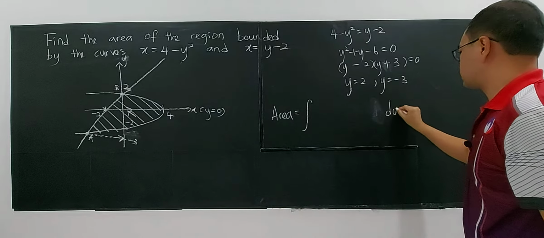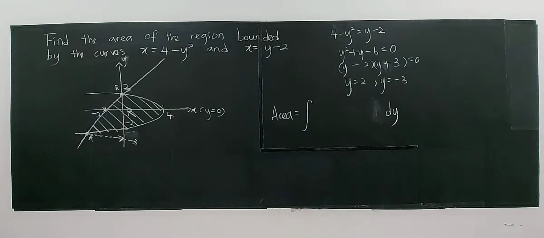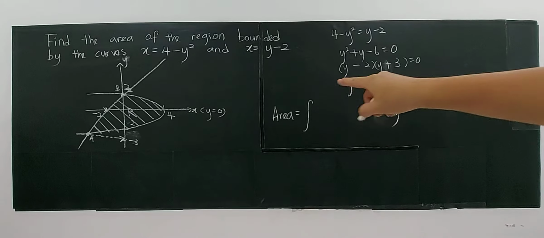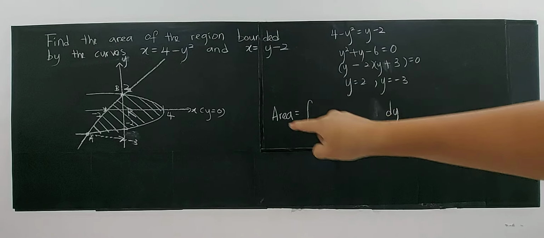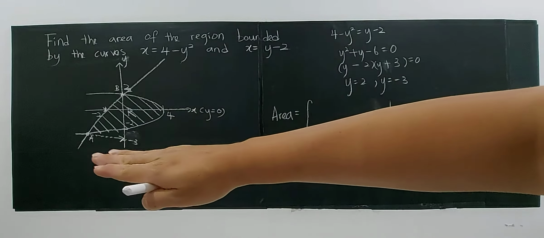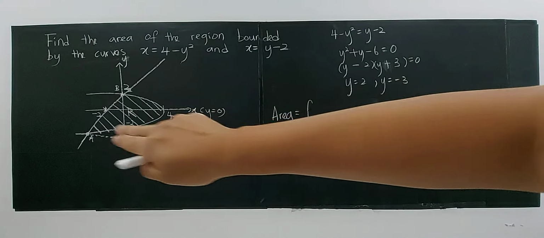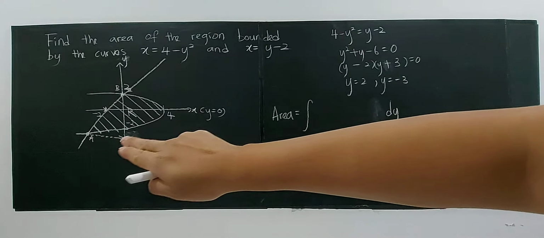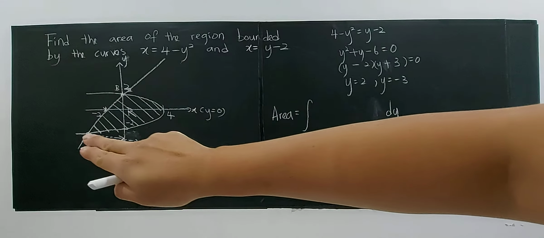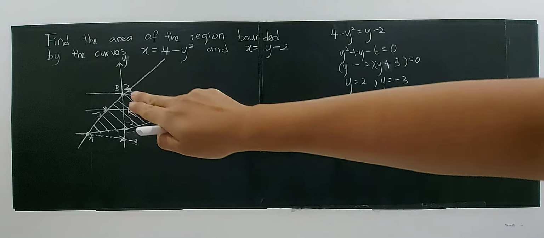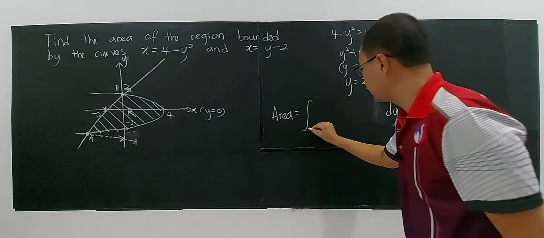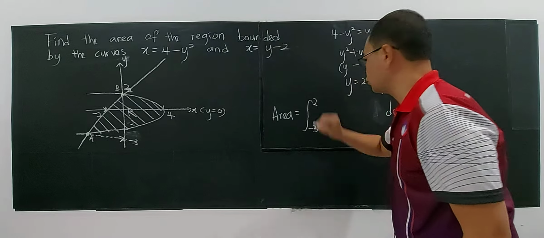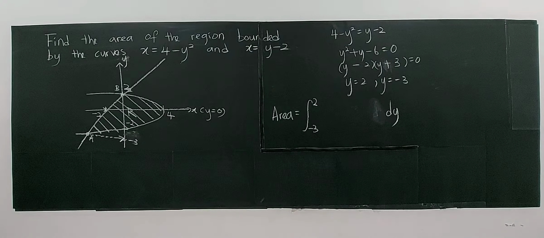And this also must be a y value, which is bounded from negative 3 up to 2. So I have to put here negative 3 up to 2.